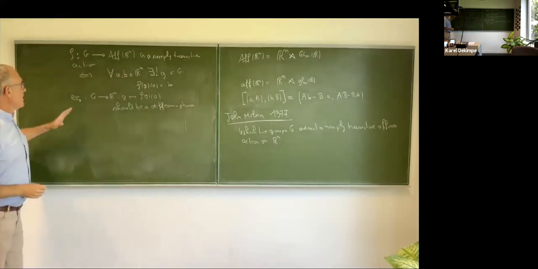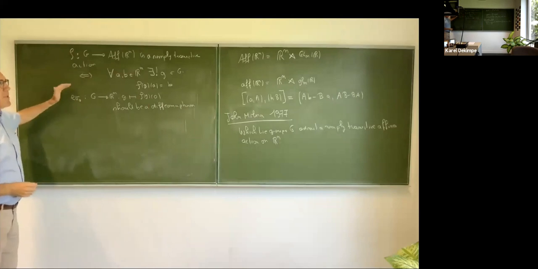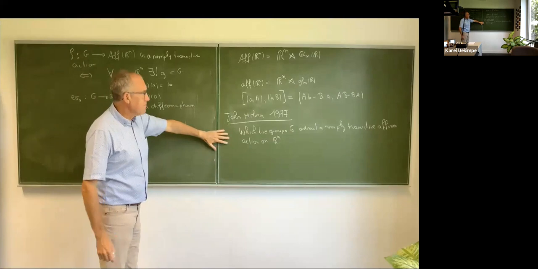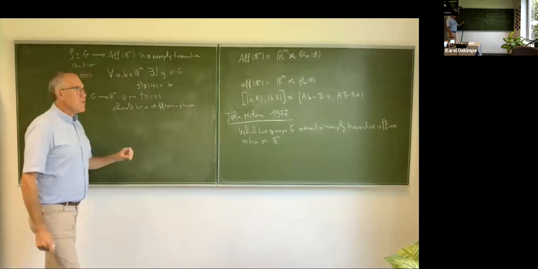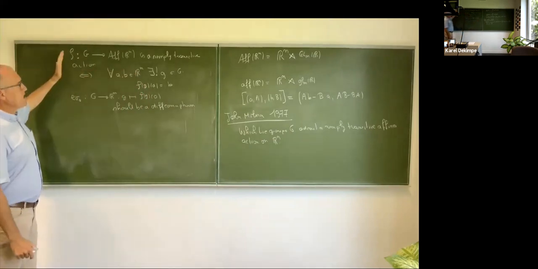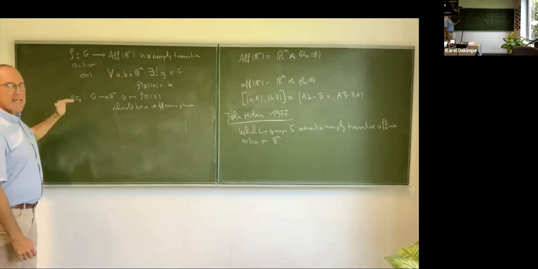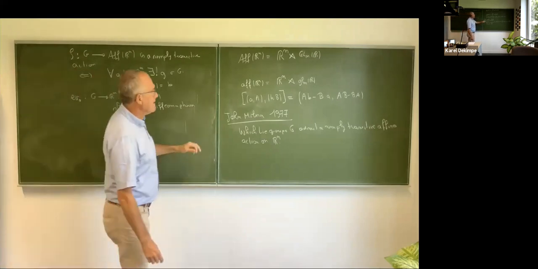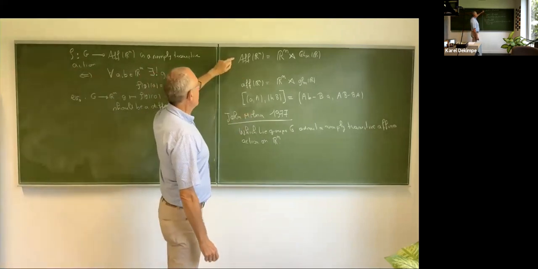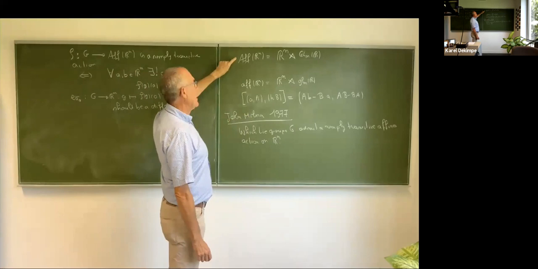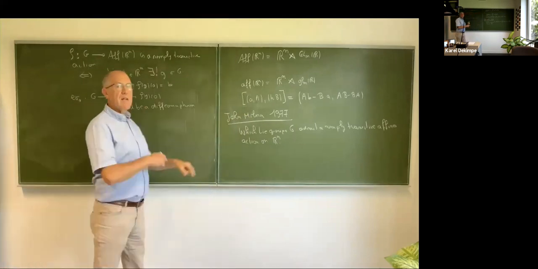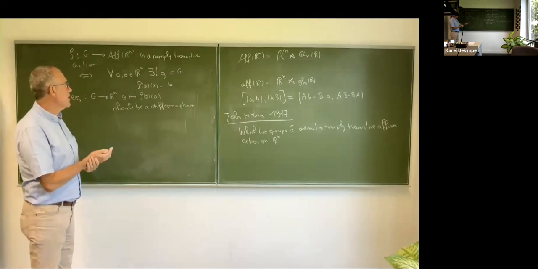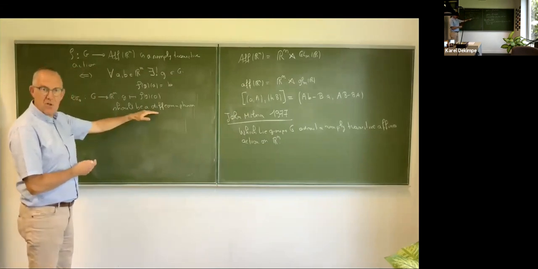Okay, and at the time that John Milnor posed this question, which Lie groups admit a simply transitive affine action, it was already clear that if you have such a simply transitive affine action, your group has to be solvable. Because your group is mapped into the affine group, and the affine group is a linear group, and one knows that linear Lie groups which are diffeomorphic to Rn have to be solvable.